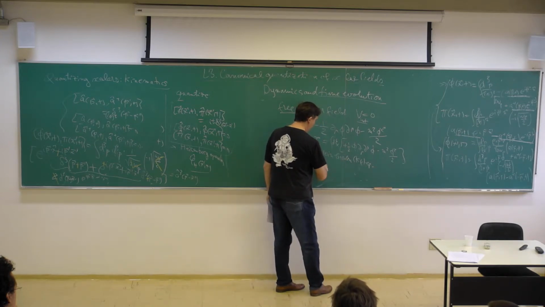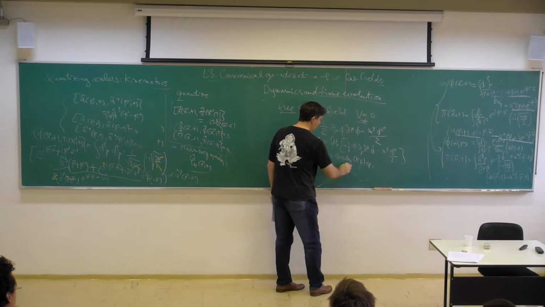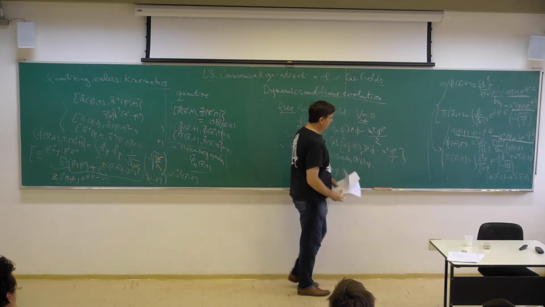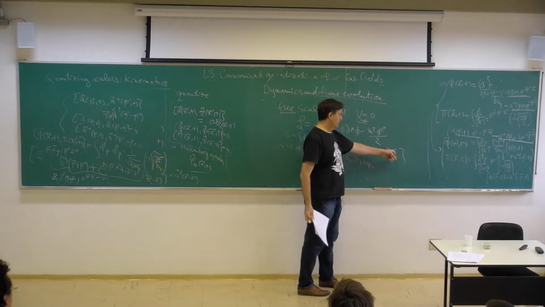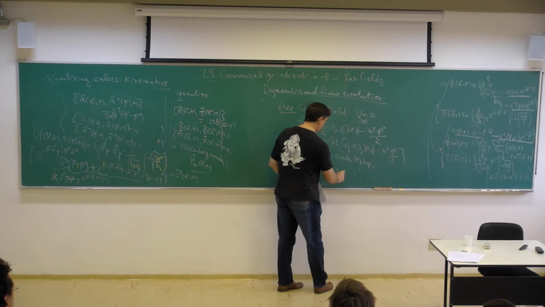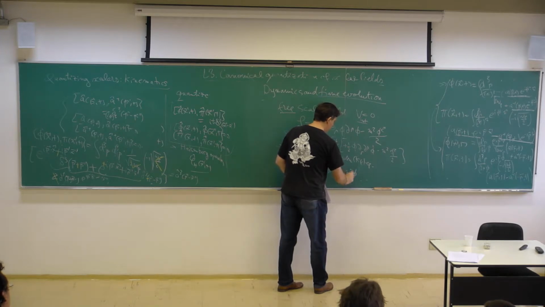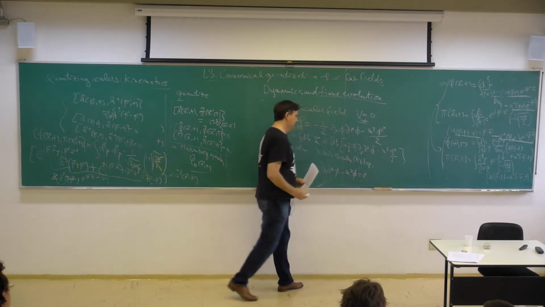Therefore, the equation of motion is just 1 times d mu d mu acting on phi. And then differentiation here, phi squared over 2, gives phi. So this is minus m squared phi is 0. Okay?